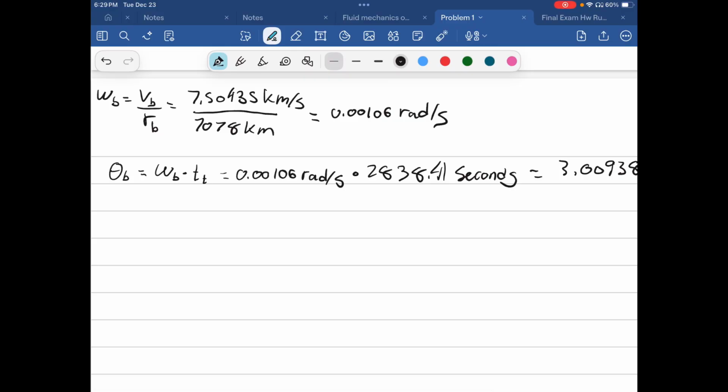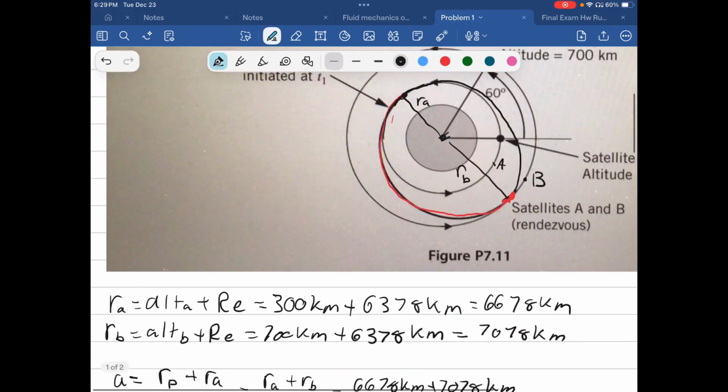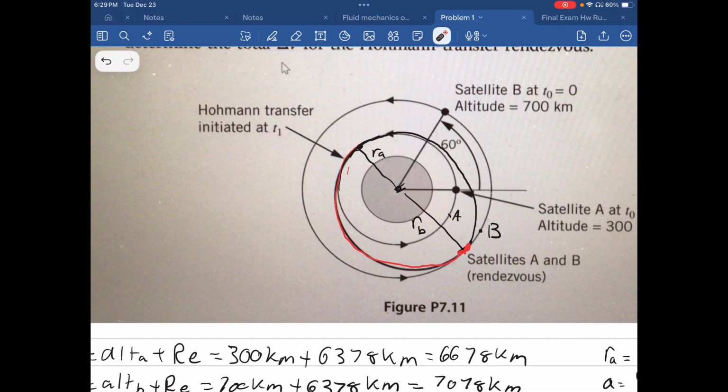Okay, so now let's think about what necessary change in true anomaly between satellite A and satellite B needs to be. To do this, we need to remember that the Hohmann transfer moves a full pi radians, right? We have from here to here, the Hohmann transfer is going to be half of this ellipse, so it's pi radians.